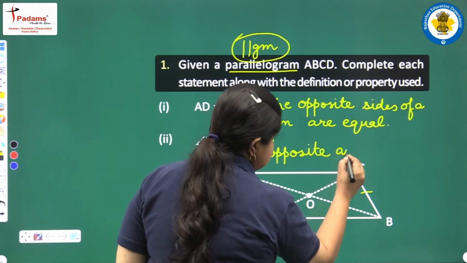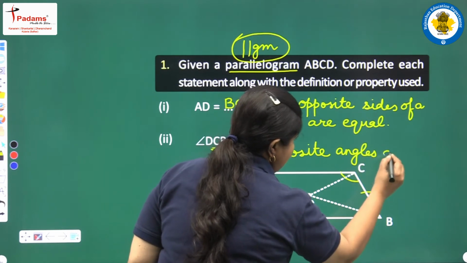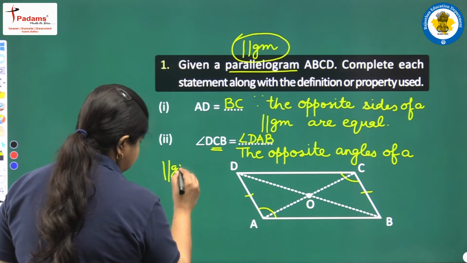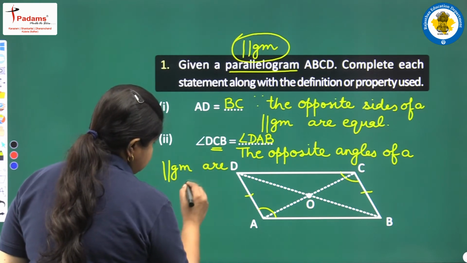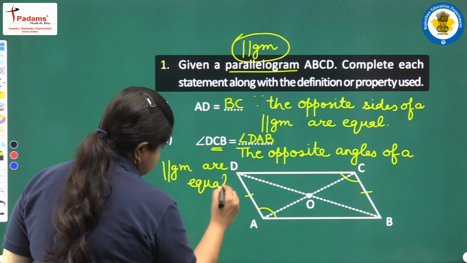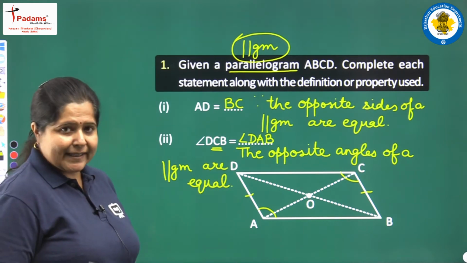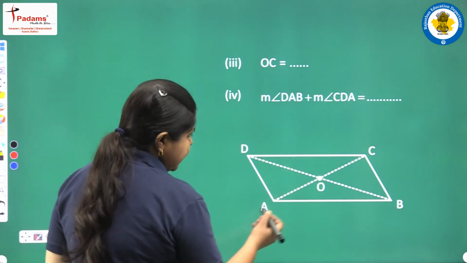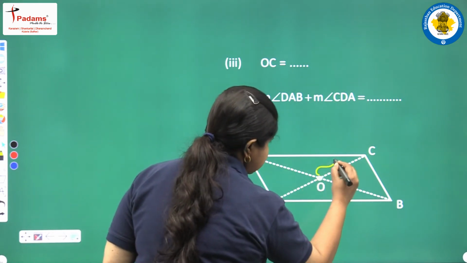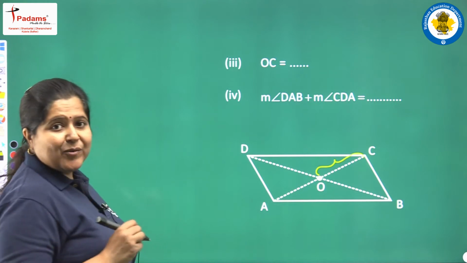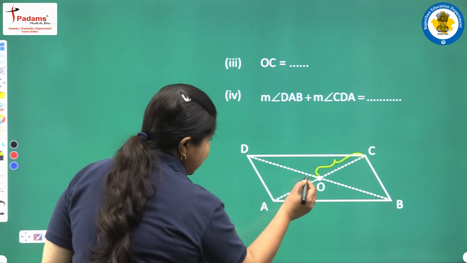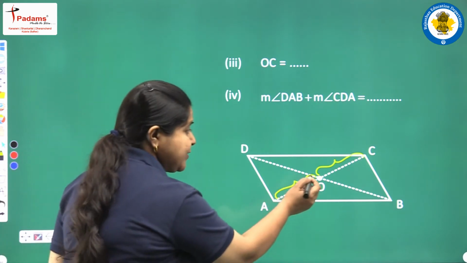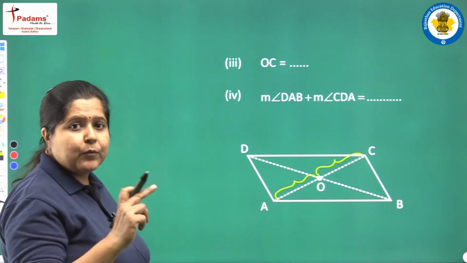Opposite angles of a parallelogram are equal. Okay, then we have OC equal to what? Clearly you can see OC is this line segment. This will be equal to OA because the diagonals are bisected at this point O. They are divided into two equal parts.